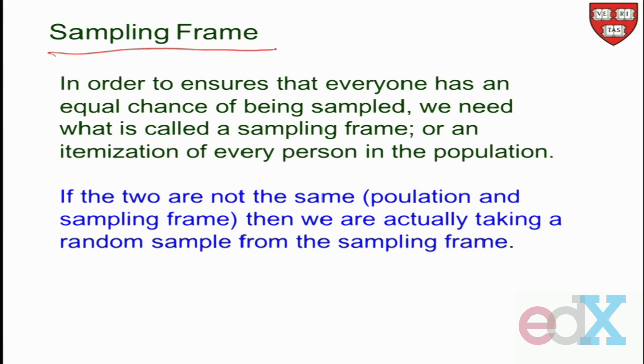We need a list of all possible people who can go into the sample, and then we can ensure that each one has an equal probability of being chosen. It's an idealization, but what it also tells us is that the population is defined by the sampling frame. So they're one and the same.